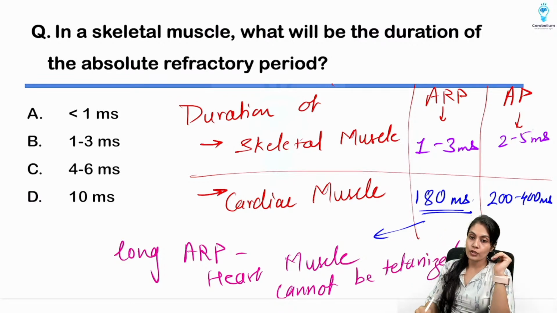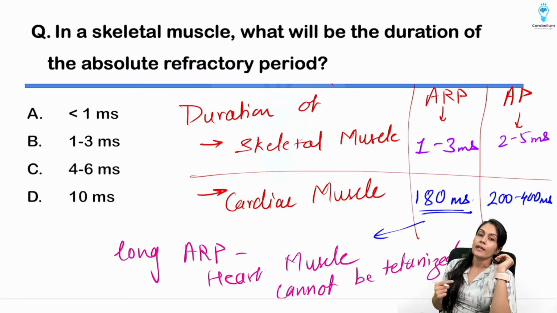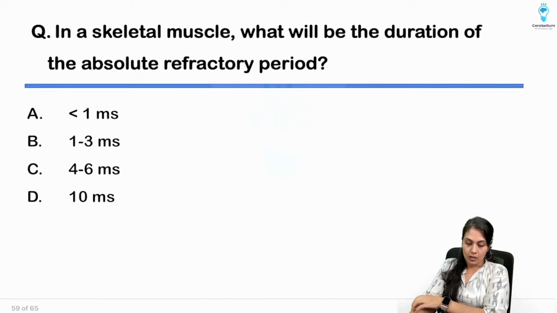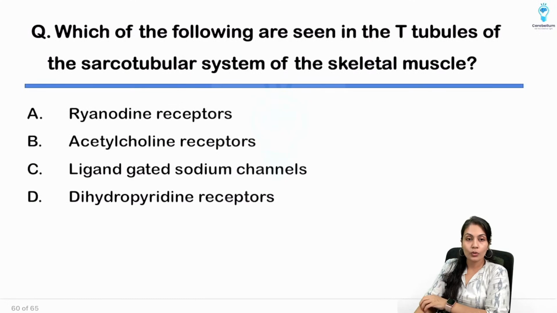Tetanization is not possible. Tetany means sustained contraction. No matter how strong a stimulus you give, no matter how quickly you give it, since there is a long ARP, the heart muscle cannot be tetanized. The answer of this question is going to be option B. This question is repeated. Let's move on to the next question.